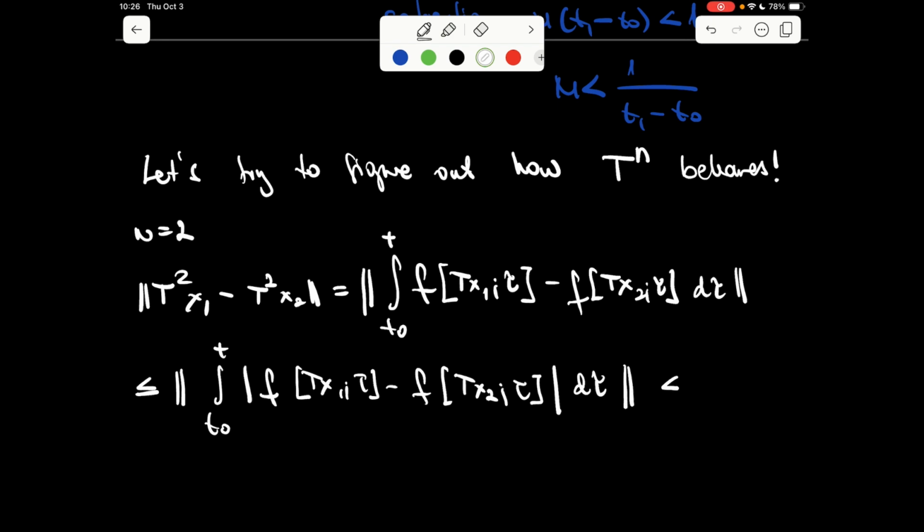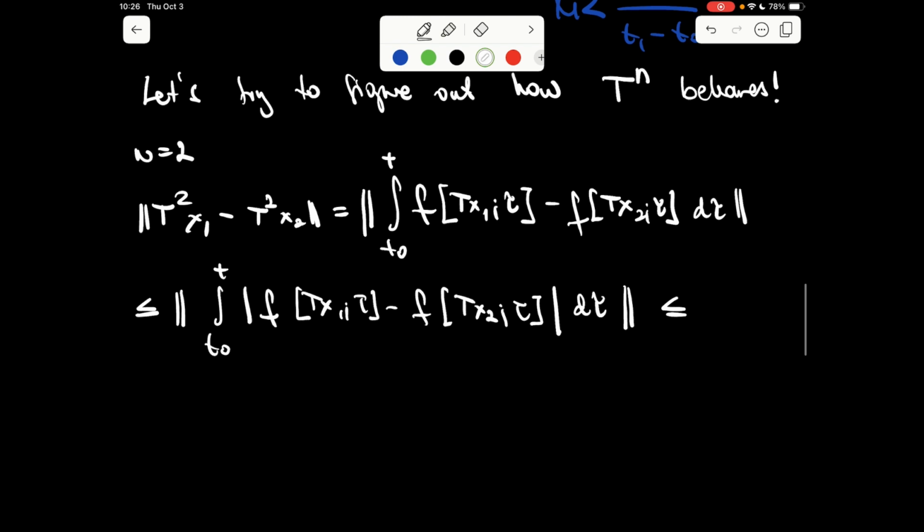And from the very same Lipschitz condition, we have that it cannot be higher than this guy coming from the Lipschitz condition.